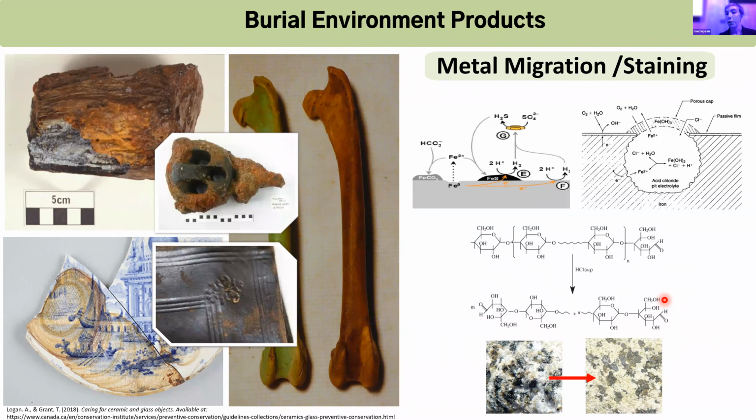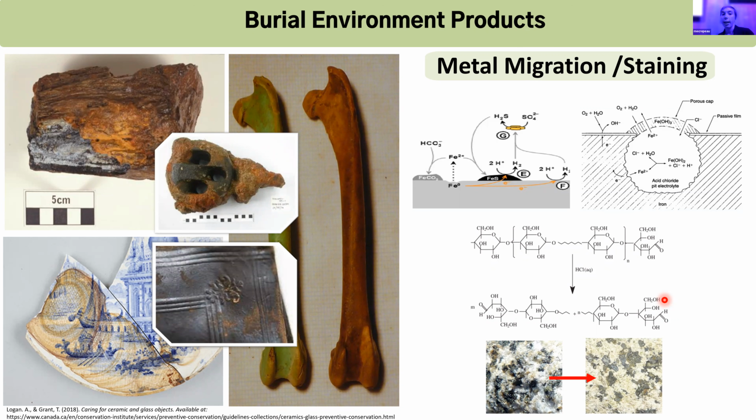And as an extension of this, even artifacts that aren't made of metal but have been in contact with metal, especially iron, can be subject to a lot of this ferrous chloride, atmospheric moisture feedback loop of hydrogen chloride production, just by virtue of what we call metal migration or metal staining.